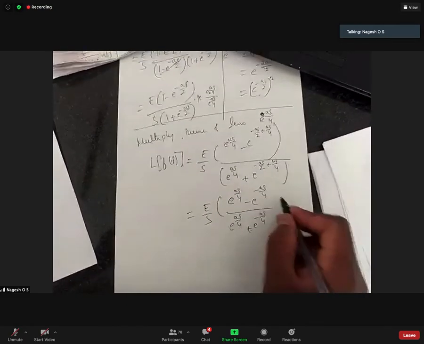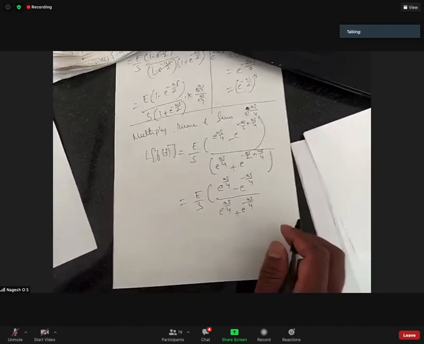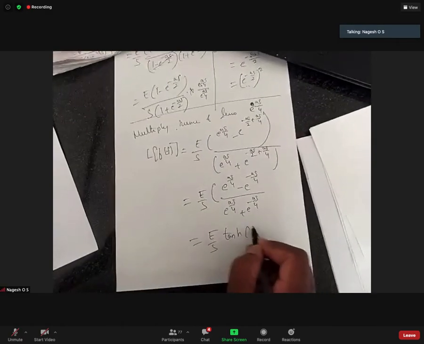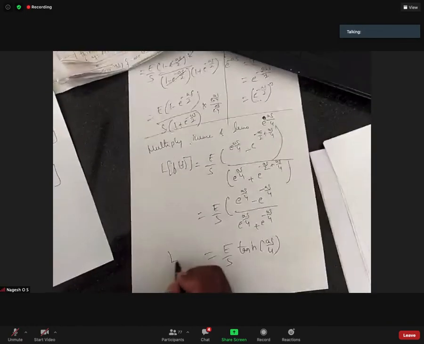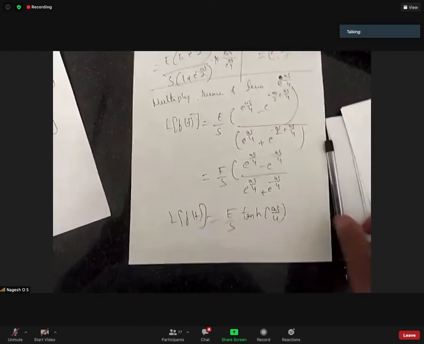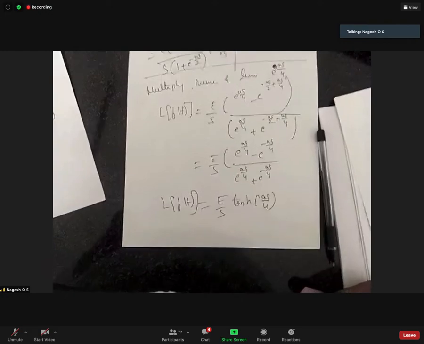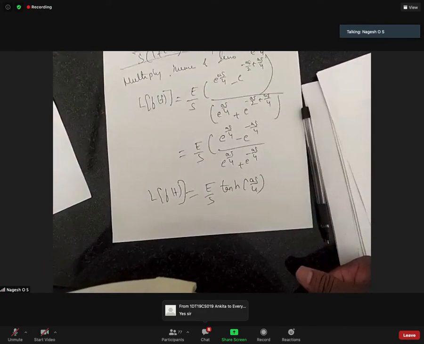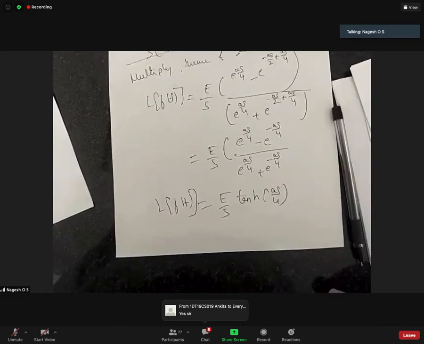So this is nothing but e/s tan hyperbolic s by 4. This is L of f of t. Understood?